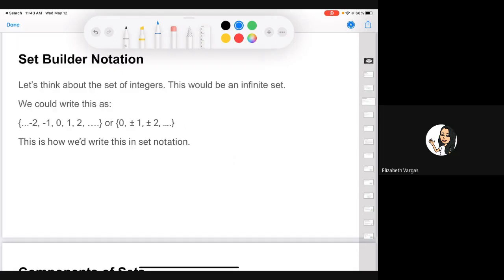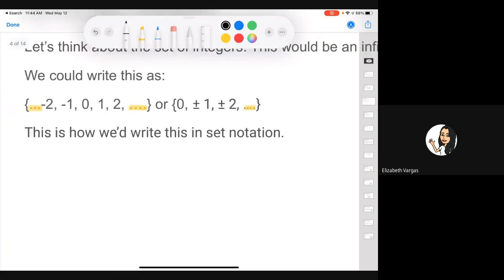So, for example, let's look at this set of integers, and this is an infinite set. We know it's infinite because the numbers continue on forever. That's what those little dots mean. We can't account for every single number in that set. We can represent this set with specific set notation. I can put set S, where every X, or every element, is a number.